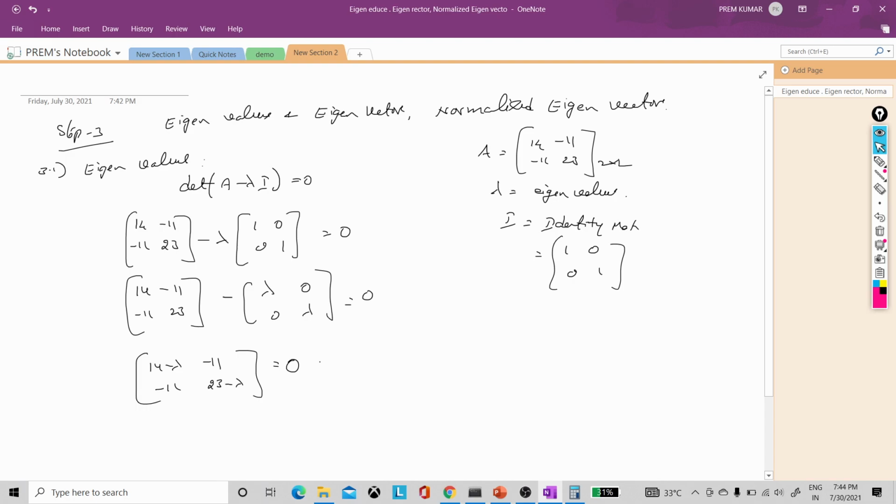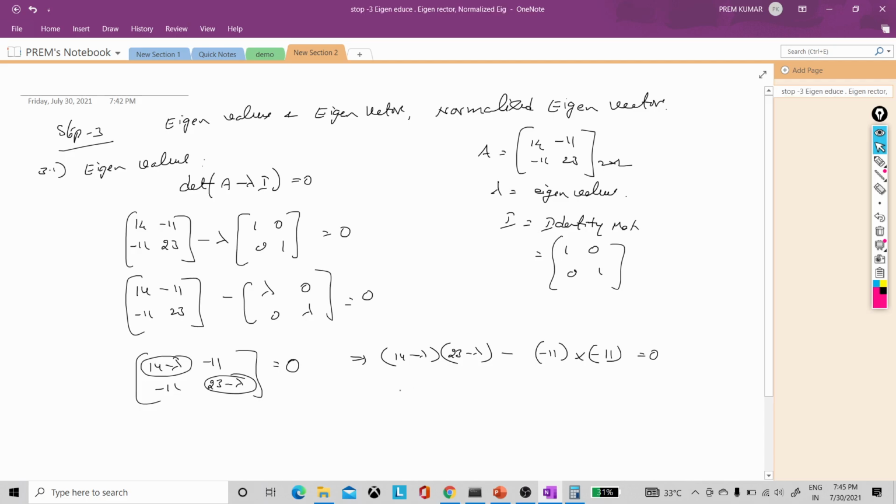From this equation we have to calculate the determinant. So 14 minus lambda is multiplied with 23 minus lambda, minus 11 into minus 11, equal to 0.